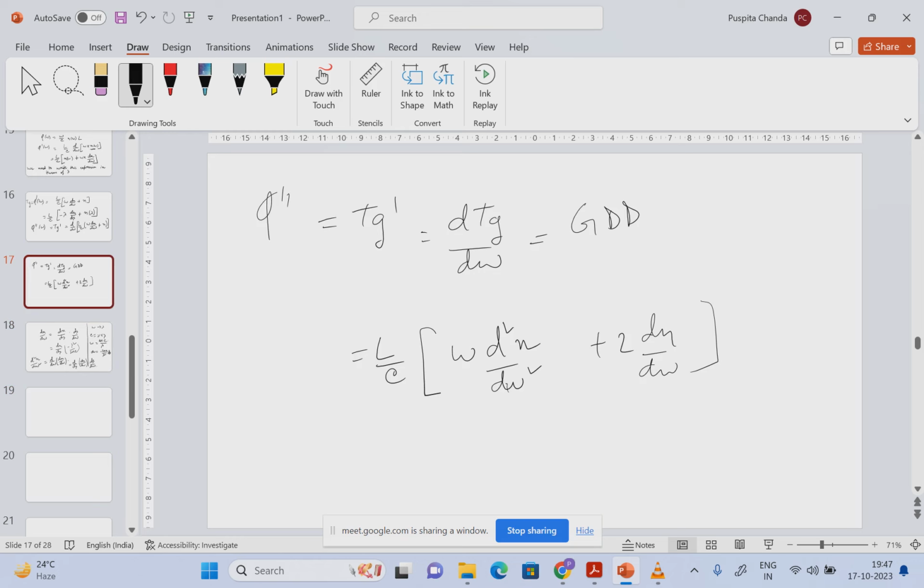Then putting in this thing, it became lambda cube L by c square into d square n by d lambda square.